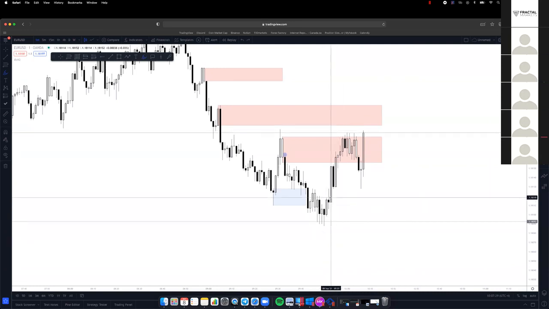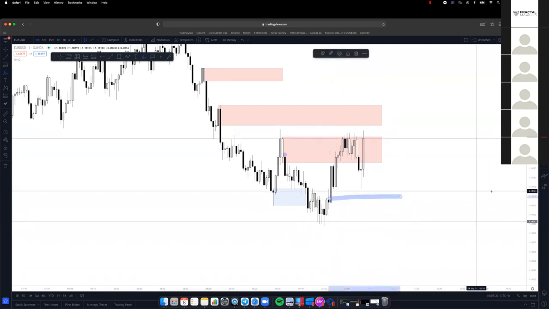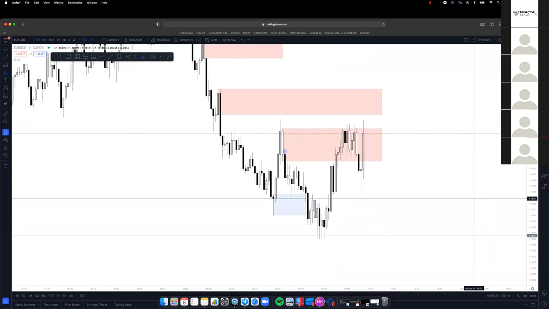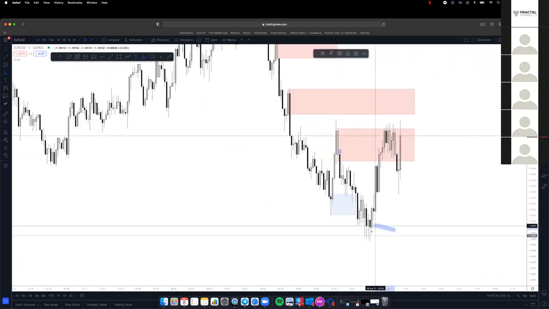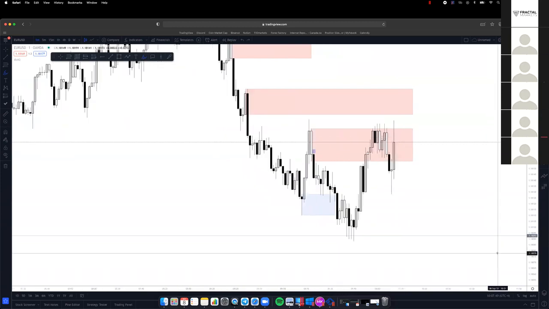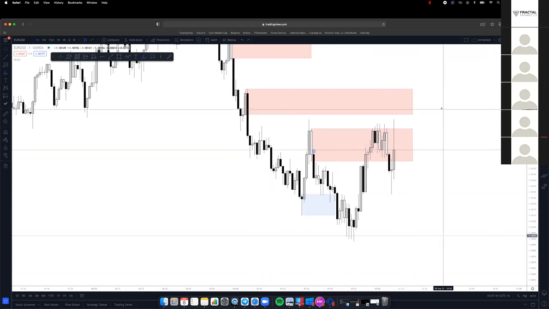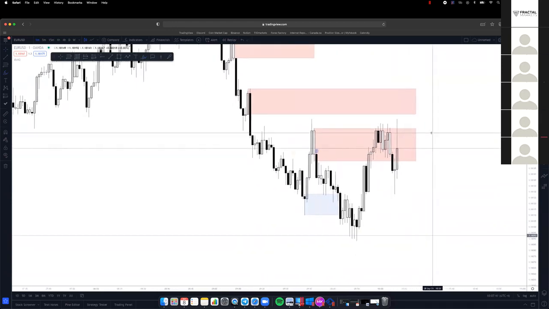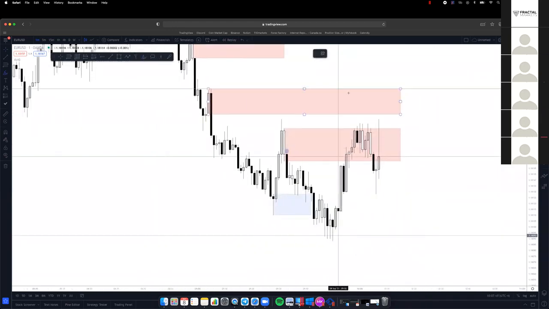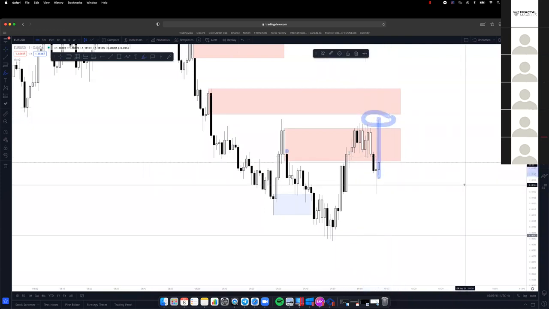Boom. Well, equal highs, right? Sitting right there. We're reacting to this stupid little demand level. You can see that we're just grabbing liquidity, right? You can see how quick this is moving and depleting orders, right?